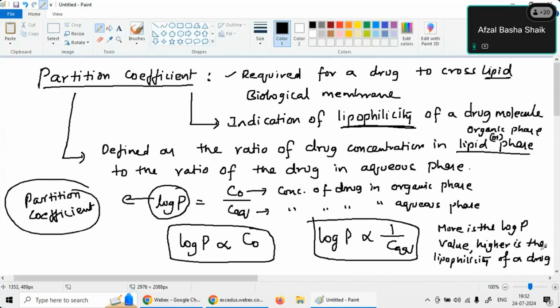Do you agree? Yes, sir. They are directly related, right? If the log P value is high, it is self-understood that more drug is distributed into the organic phase. Higher is the lipophilicity of the drug, right? Please take a screenshot of this.